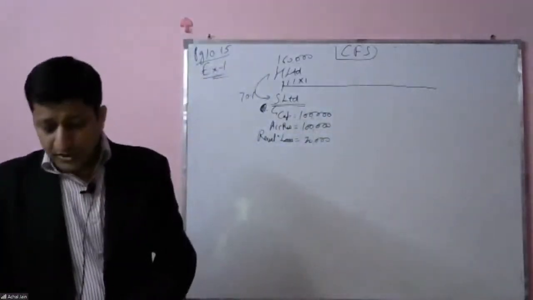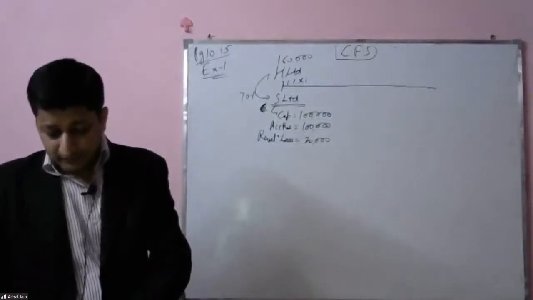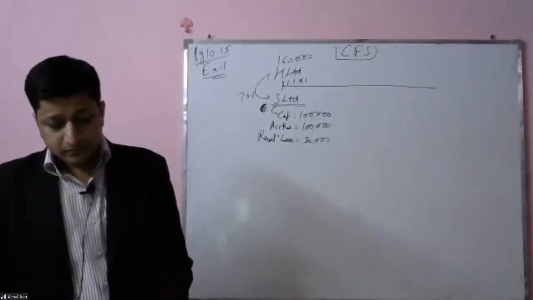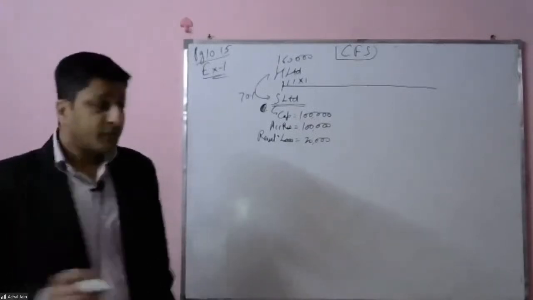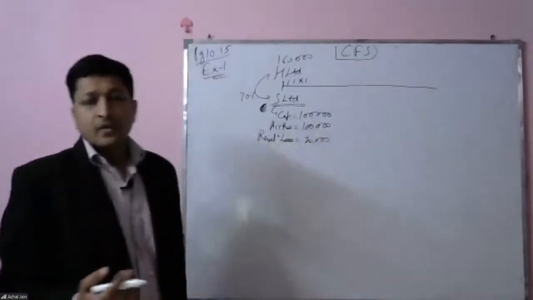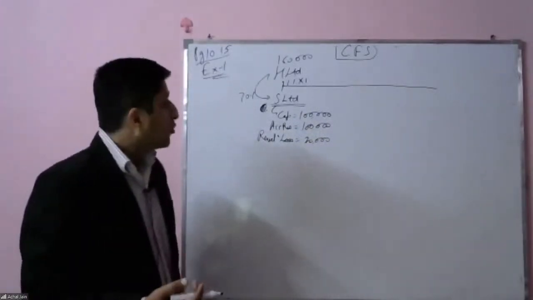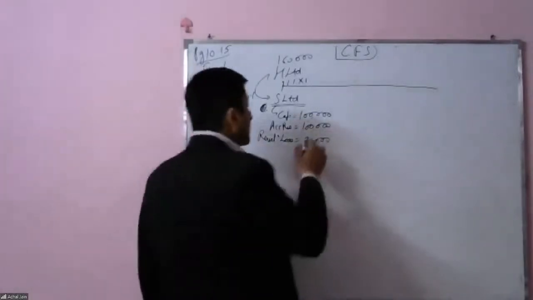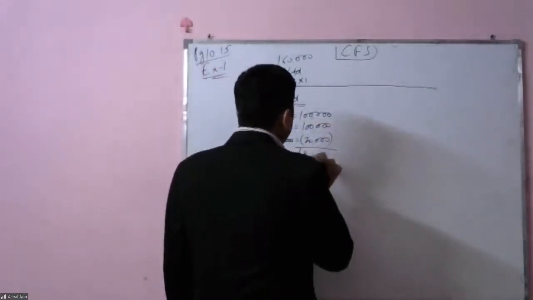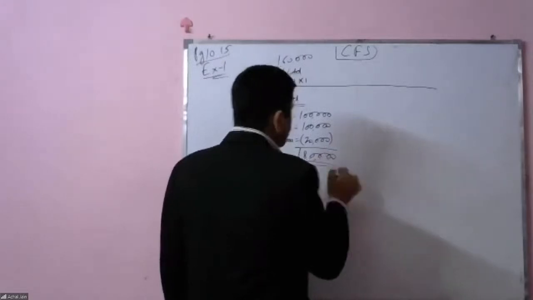Book value of shares of S Limited will be what? So if we have to compute the net assets of S Limited, what would they be? They would be 1,80,000.